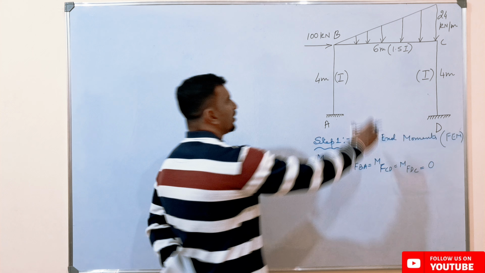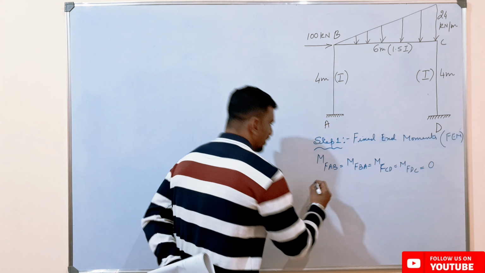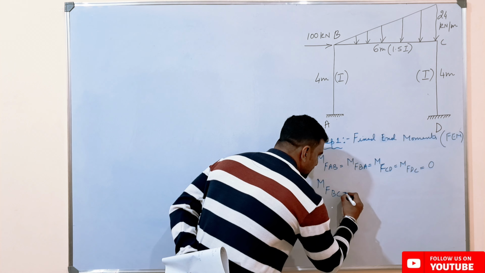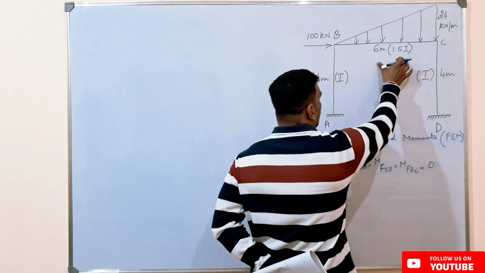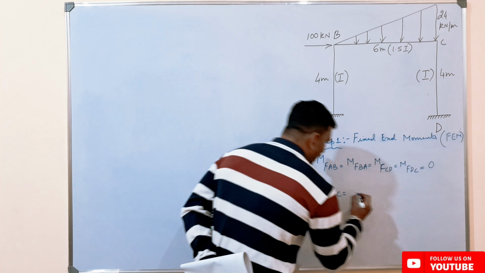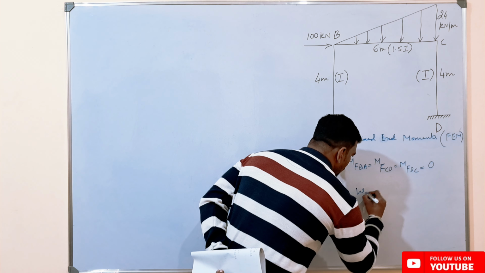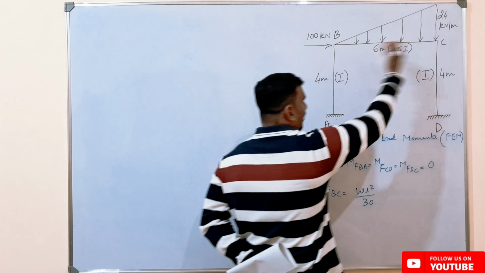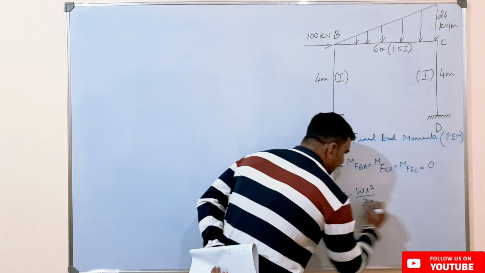Now if we take the span BC, the fixed moment from B to C, since it is carrying a uniformly varying load of intensity 24 kilonewton per meter, the formula here is WL square upon 30. Since we are coming from left to right, it will be negative.